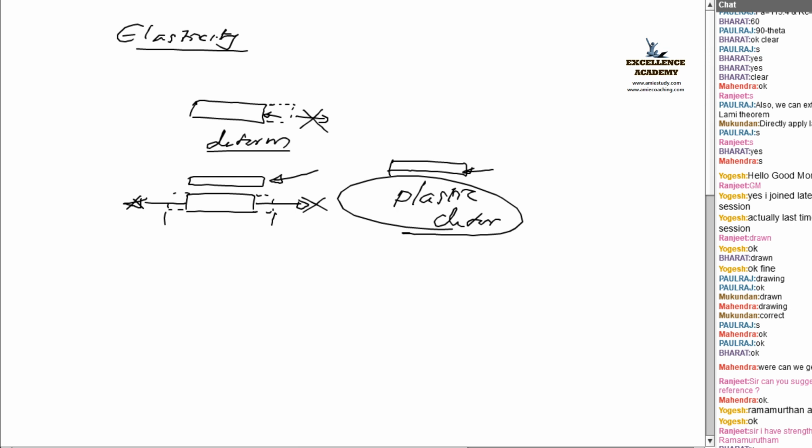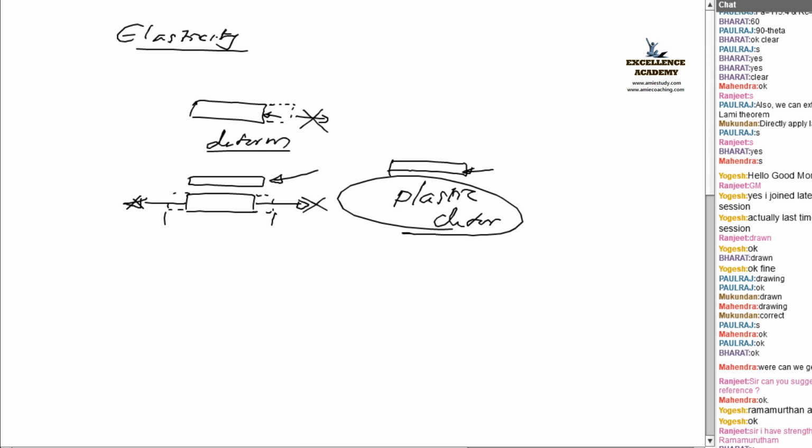Once again, if a body is subjected to two forces acting in opposite directions, the body will elongate, and that elongation is called deformation. If I drop that force below the elastic limit, it will regain its original shape.